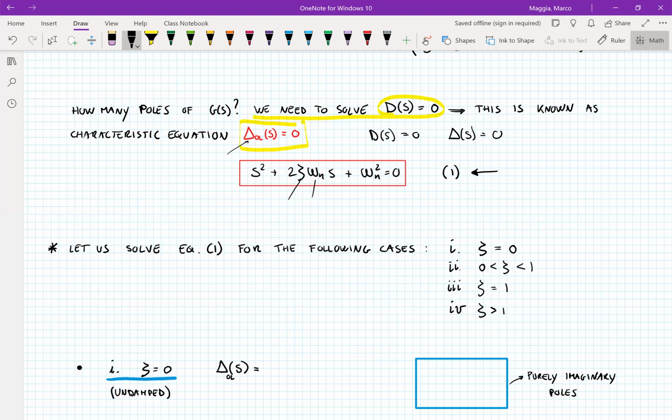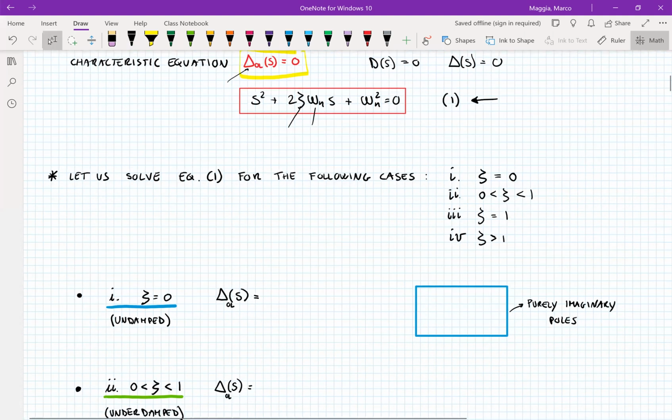All right, let's start from case number 1. When zeta is equal to 0, the characteristic equation reduces to s squared plus omega n squared equals 0. It's quite straightforward. So what are the poles?